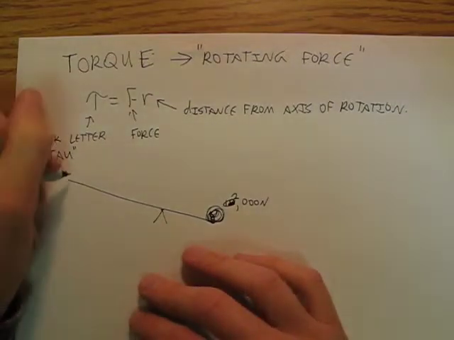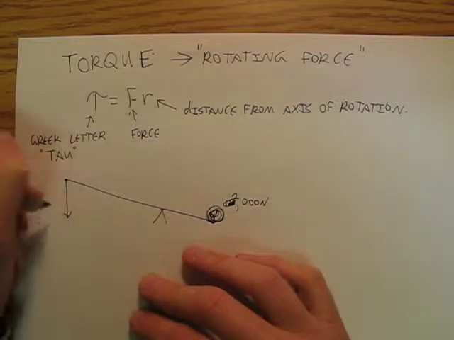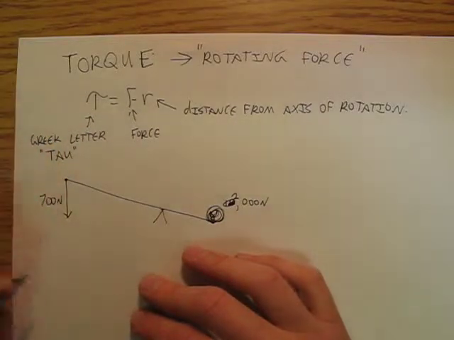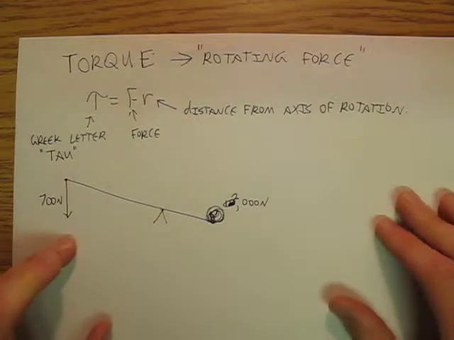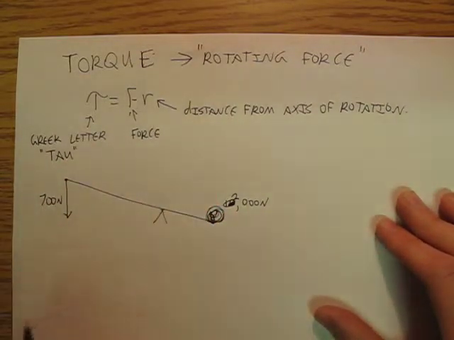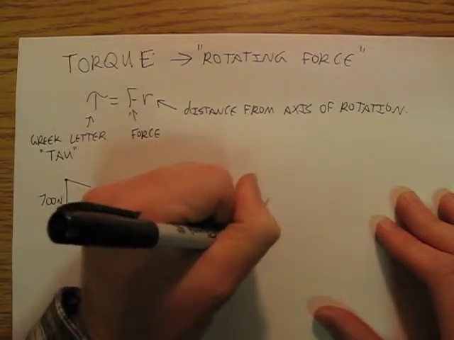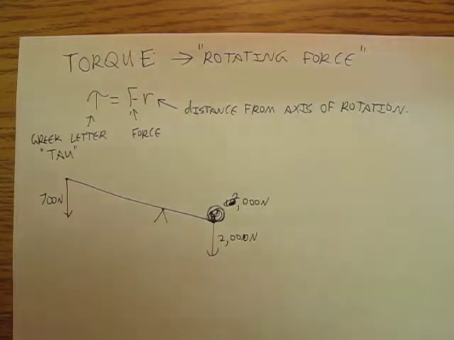Now we weigh about 700 newtons. So out here we can apply 700 newtons of force down on this lever, and we want to lift the 2,000 Newton rock up in the air.